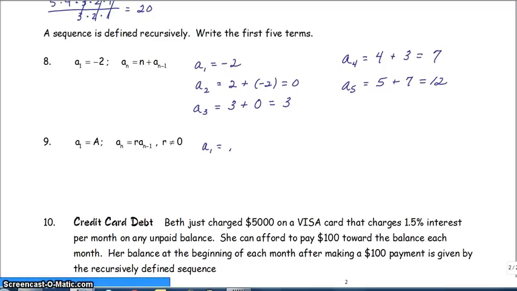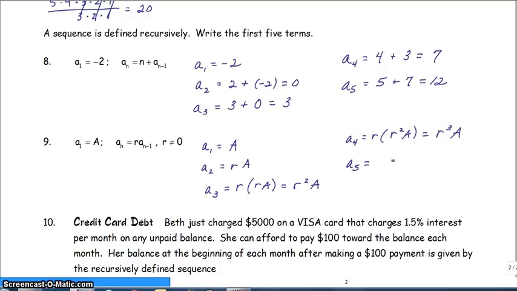So a sub 1, capital A. A sub 2, r times a sub 1, which is capital A. A sub 3, r times a sub 2, which is r, capital A, which gives us r squared times capital A. A sub 4 would be r times a sub 3, which is r squared, capital A, and that simplifies to r cubed, capital A. And a sub 5 would be r times a sub 4, which is r cubed, capital A, and that would give us r to the 4th, capital A.